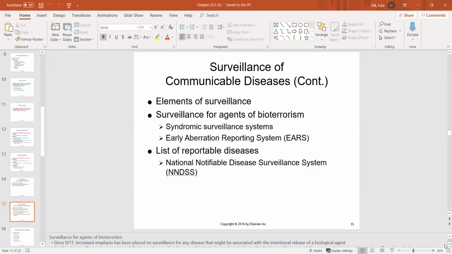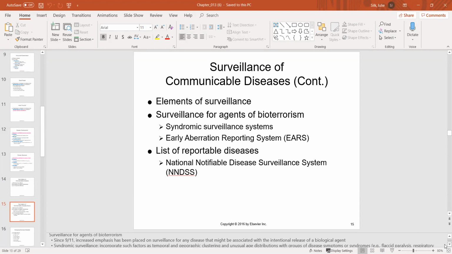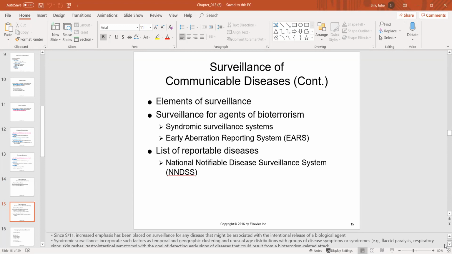With bioterrorism, since 9/11 there's been an increased emphasis on this, so that you can look for any disease that might be associated with intentional release of a biologic agent. Then there's syndrome surveillance. If people have certain signs and symptoms, you would want to report that, because maybe it means there's a certain thing going on.